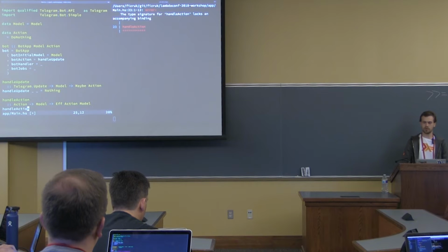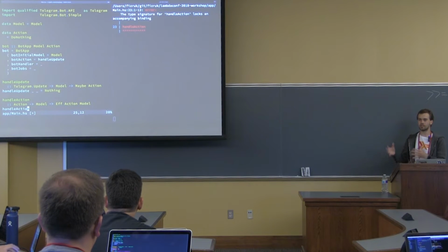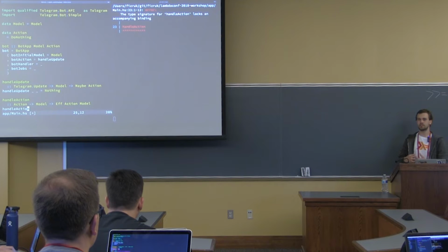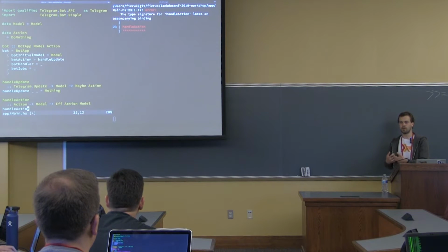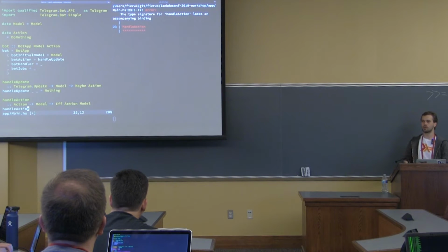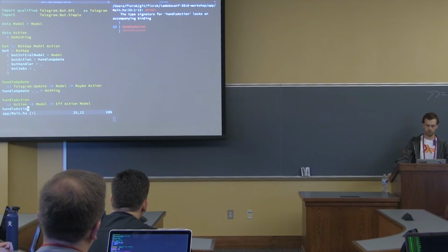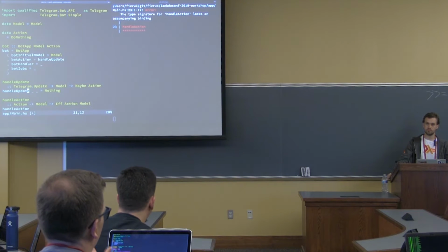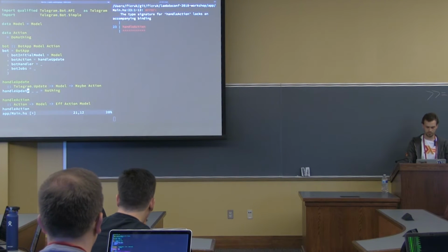So basically handleUpdate parses an update structure that comes from Telegram and turns it into a nice application-logic-friendly action. Okay, so that's the action type that we've declared. And handleAction only operates with values we really care about, with these actions. And handleUpdate is fired up when Telegram sends something, and yes, handleAction is more like our internal action. Yeah, exactly.